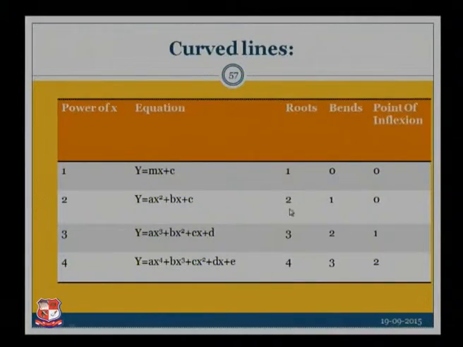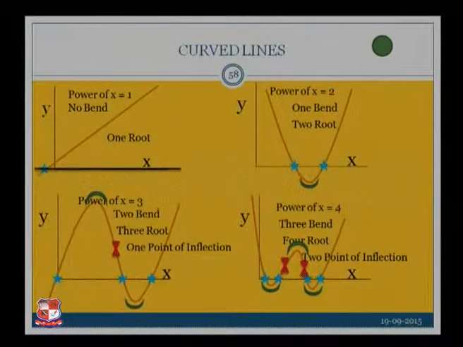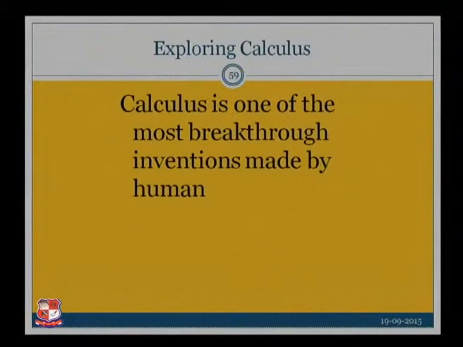So, do not try to find a point of inflection in a quadratic or linear equation. There should be two humps, opposite humps, then only you will get a point of inflection. And if it is x to the power 4, roots will be 4, bends will be 3 and 2 will be the inflection points. Clear? And this I have shown, you already know these things.